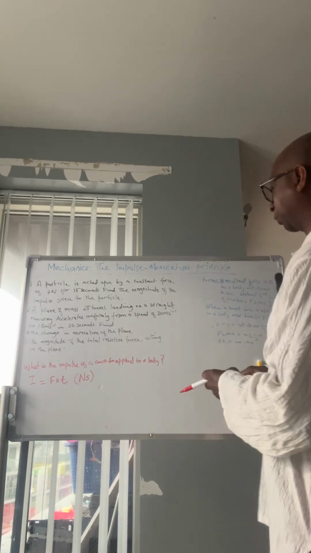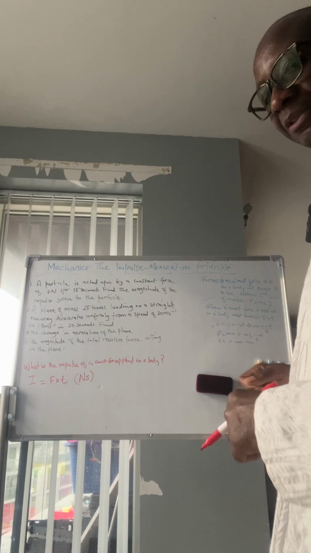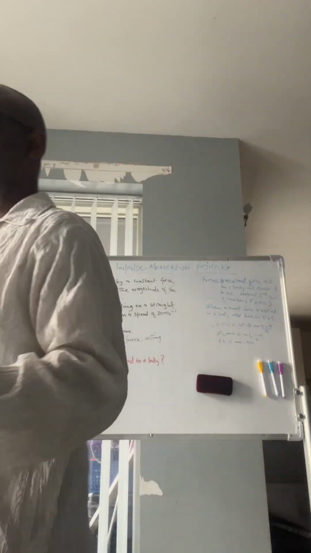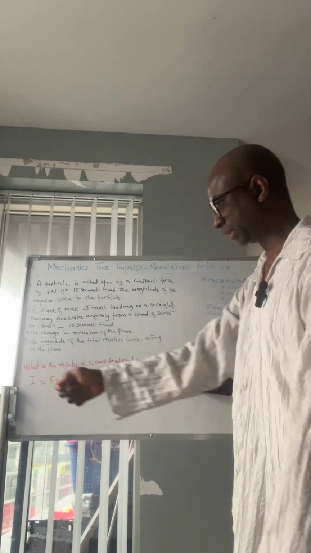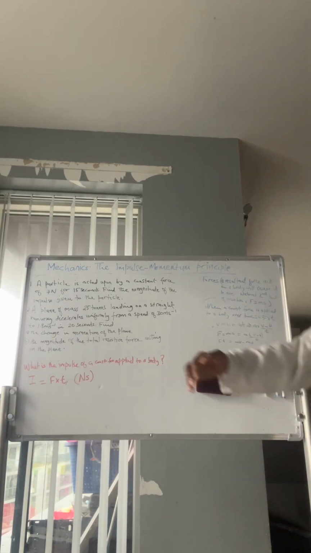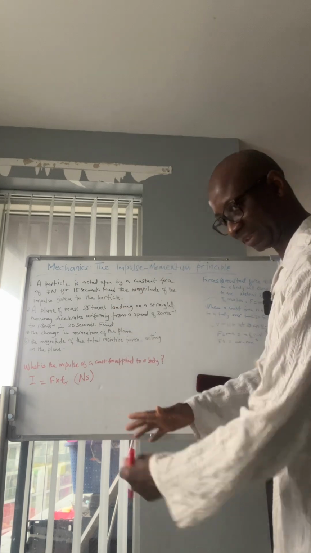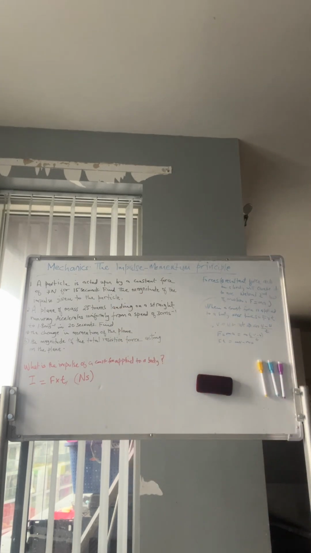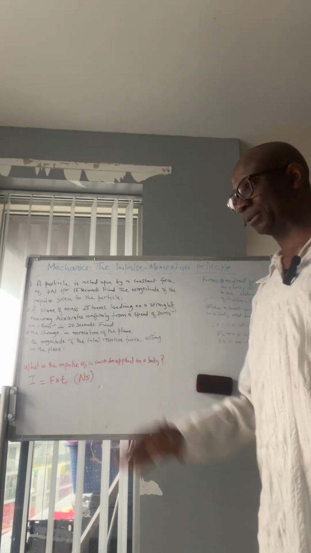We know that when a resultant force acts on the body, it will always cause that body to accelerate. If the particle is drawn by 15 newtons in one direction and 20 newtons in the other, the particle will definitely accelerate in the positive x direction, because the force here is greater than that one.